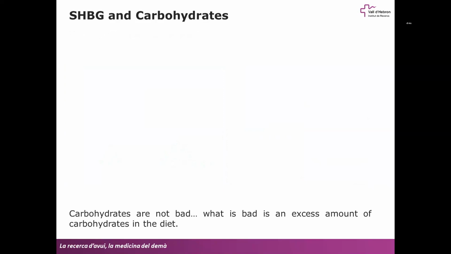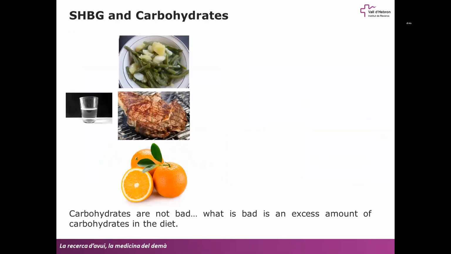So our point was that, I'm not a nutritionist, and I'm not gonna talk too much about it, but if you have a normal menu where you have your carbohydrates in the potatoes and green beans, you have a steak, and then you have orange and water for drink, that's a good menu.